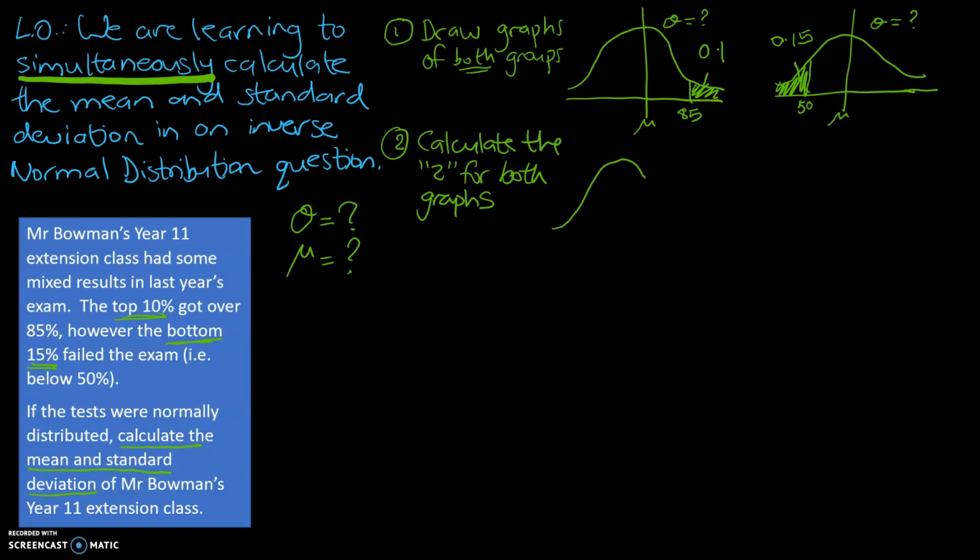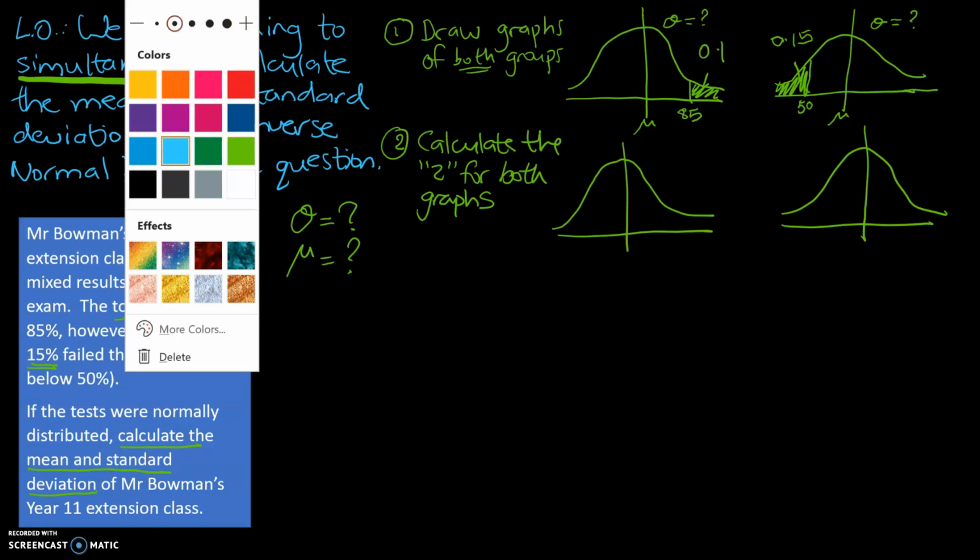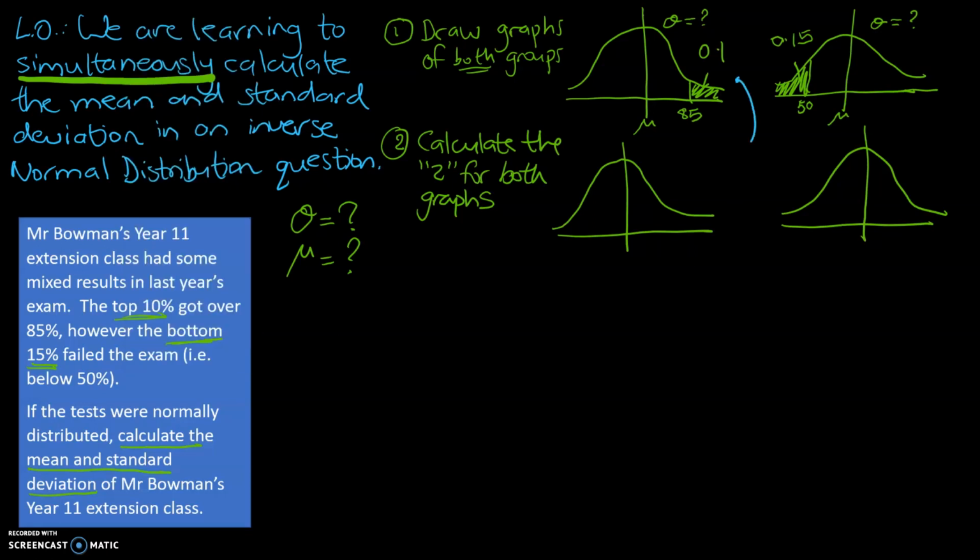So there's our normal distribution curve, not a very good one. And there's our second one. So we need to convert our first graph and our second graph into what we called standard normal distribution curves. And that is where the mean is always going to be equal to 0.